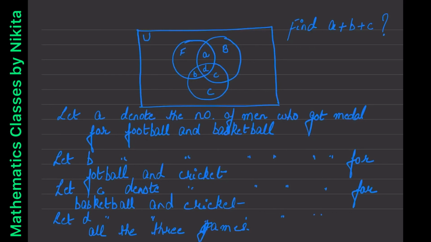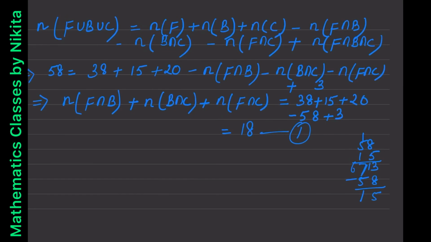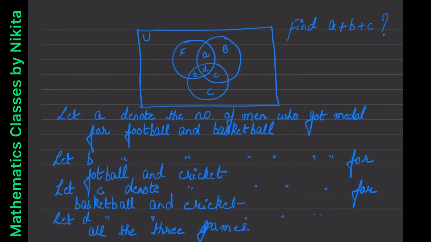Now how to find this? First of all, look, we have found that n of F intersection B plus n of B intersection C plus n of F intersection C is equal to 18. But what is this equal to in terms of a, b, c, d? First we have F intersection B, and n of F intersection B is nothing but a plus d.